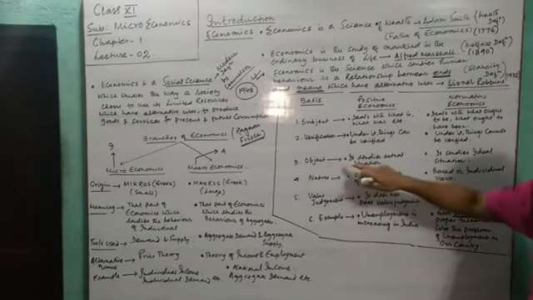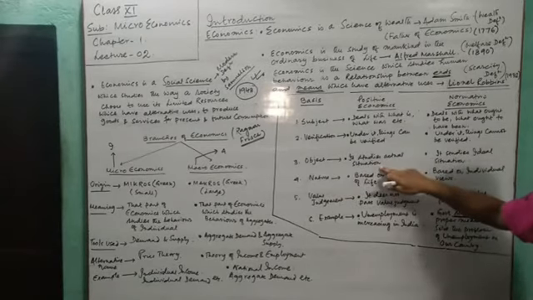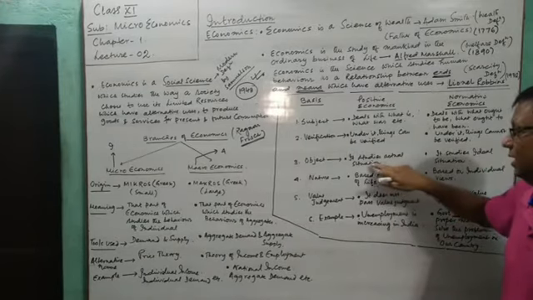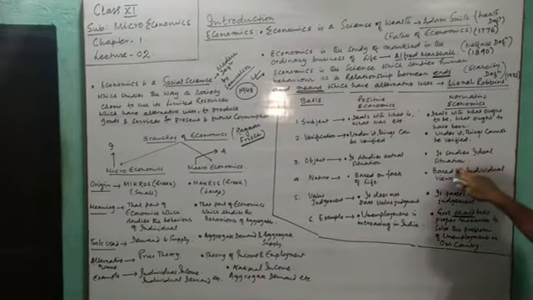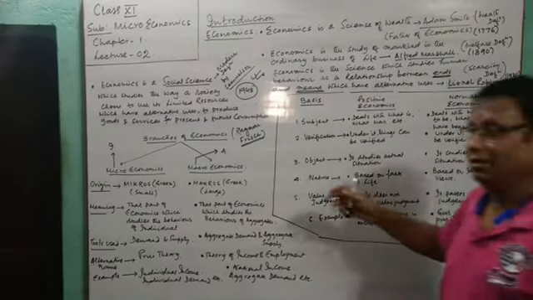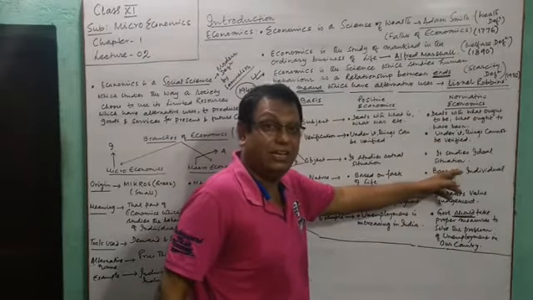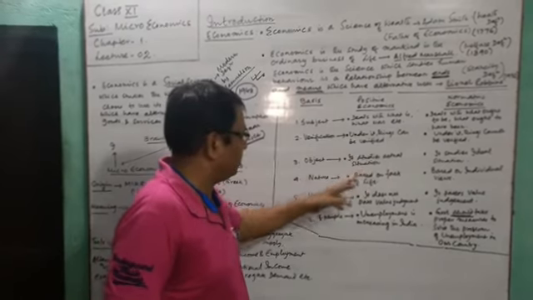Object. What is the object? Positive economics studies the actual situation. What is happening in the economy? Normative economics studies the ideal situation, idealistic: क्या है और क्या होना चाहिए? It deals with the idealistic situation, while positive deals with the actual situation.